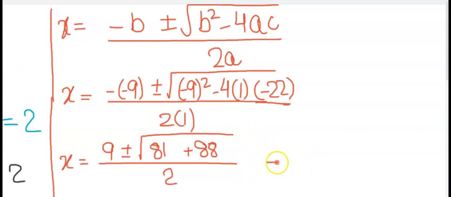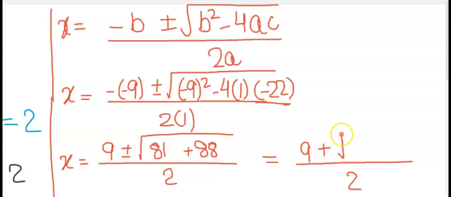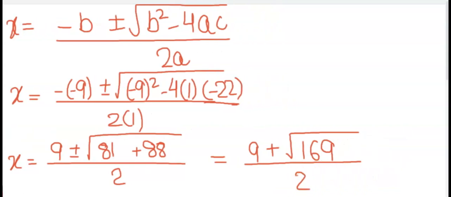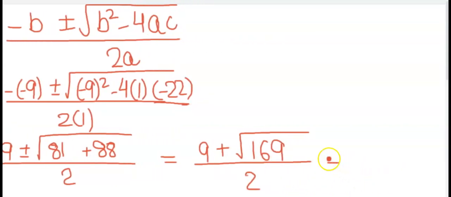We simplify it further. 9 is there. 81 plus 88 is how much? 169. Yep. So I got that 169 there. Now once I got 169, I need to square root it. The square root of 169 is 13, and there's a plus minus as well.